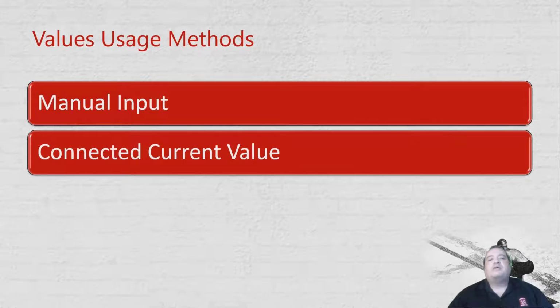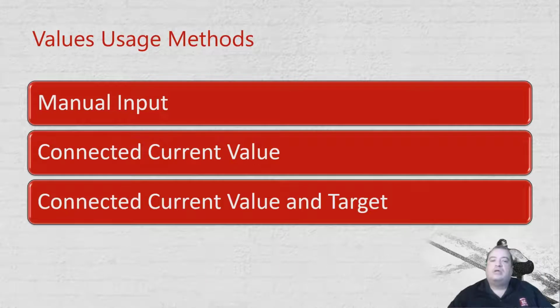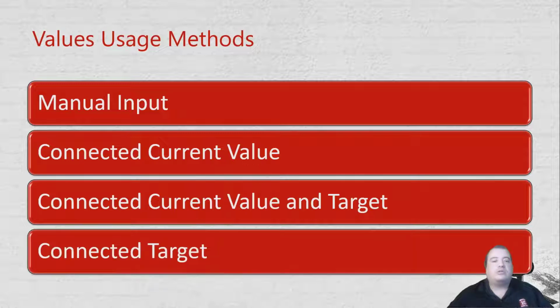We can make the current value connected to a report, so the value will be automatically retrieved from that report when a check-in happens. We can connect both the current value and the target value to a report. We can also decide not to connect the current value, but to connect the target. This is not so usual, but it's technically possible to do.